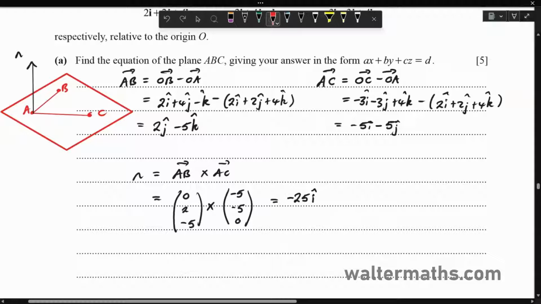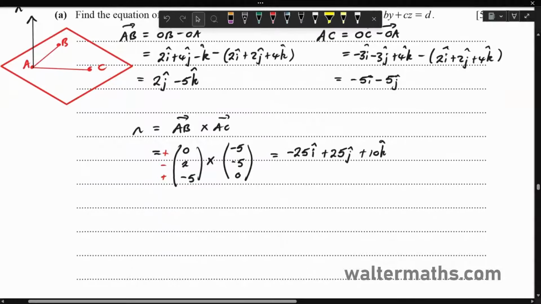Next, I'll close out this and have 0 minus 25 again, but with a minus, because we use the matrix of signs, so that's plus 25j. Then we close out these two and do 0 minus minus 10, which is 10, so that's plus 10k.